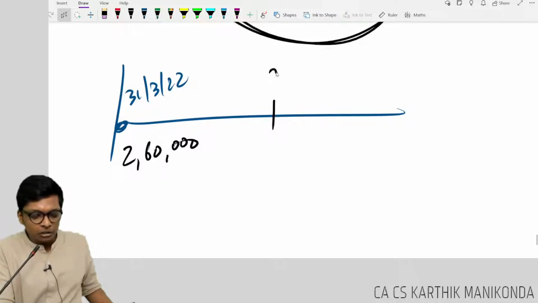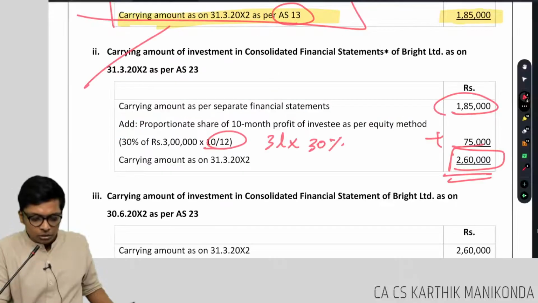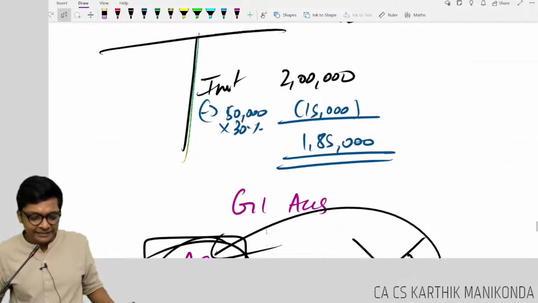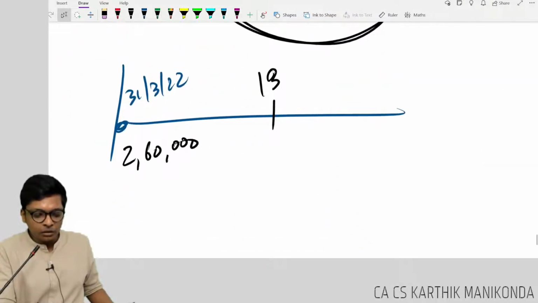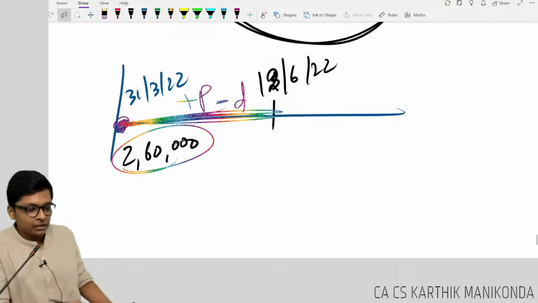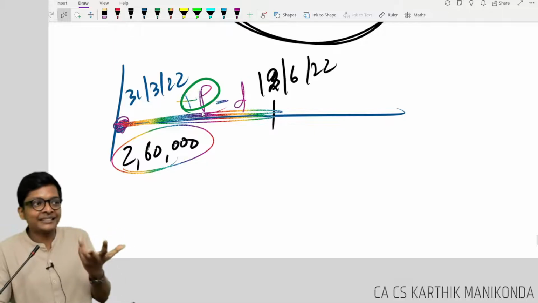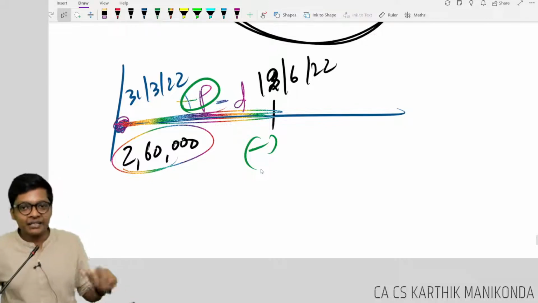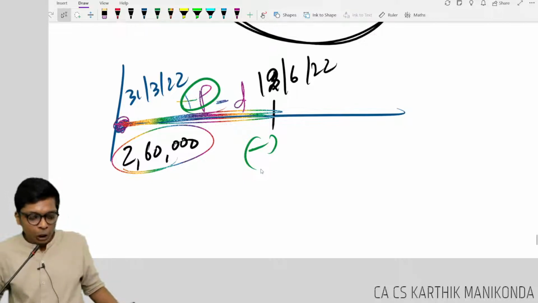Now we have to find on 12/6/22. So from this day, what is the movement guys? Add profit less dividend. But to add profit, data is not there. But dividend is given. So I will reduce dividend. Correct? Hello? How much is the dividend?